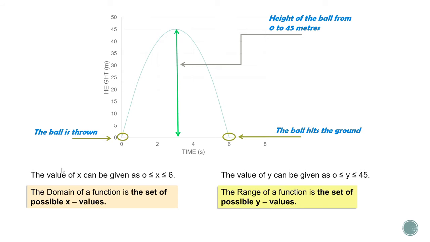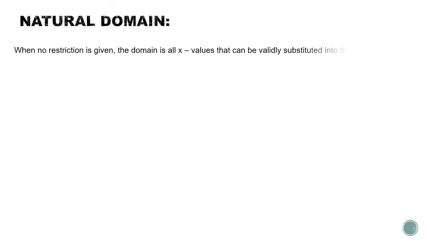So our domain has the two endpoints, 0 and 6. Nothing is happening before 0, nothing is happening after 6. But in certain cases, the possibilities of x values will be more or perennial. So we have to see that, and those domains are termed as natural domains.